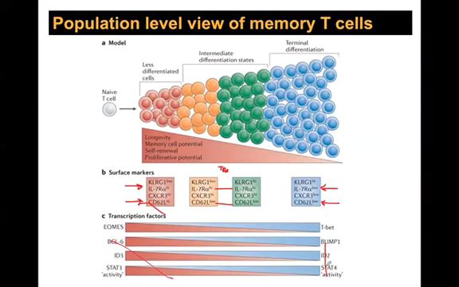I just want you to focus on the central memory cells expressing a transcription factor called eomesodermin. But as they get stimulated or differentiate into terminally differentiated cells, they express a transcription factor called T-bet. And that really controls all these other genes that I don't need you to worry about.